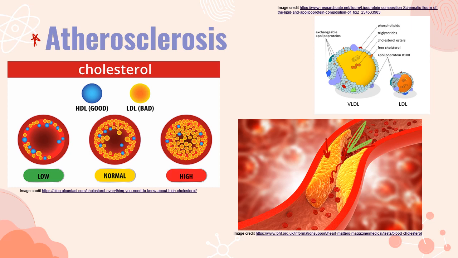So remember from a previous lecture when we talked about water and how water is such a good transport medium, except for things that are non-polar because they don't dissolve very well in water. So we have these lipoprotein complexes. And a lipoprotein complex is going to be this bubble of a phospholipid monolayer.